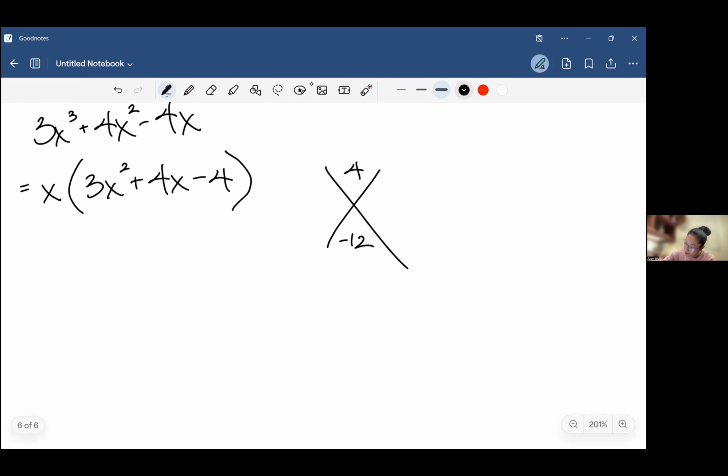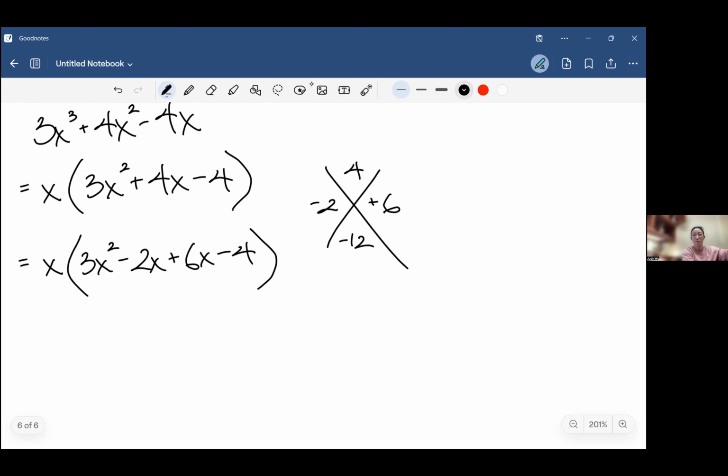I think -2 and +6, that's going to do the trick for us. So we've got x times 3x squared minus 2x plus 6x minus 4. Now we're going to split it in half, and factor by grouping in the first half and in the second half.